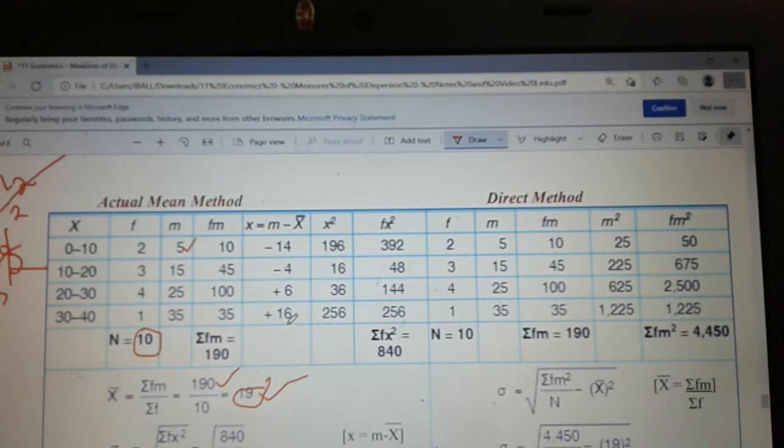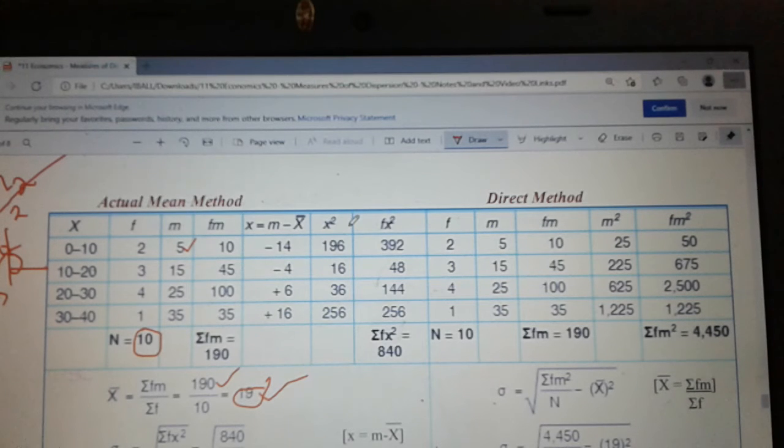So this is the value of x. Now you have to square it: 14 squared is 196, 4 squared is 16, 6 squared is 36, and 16 squared is 256.